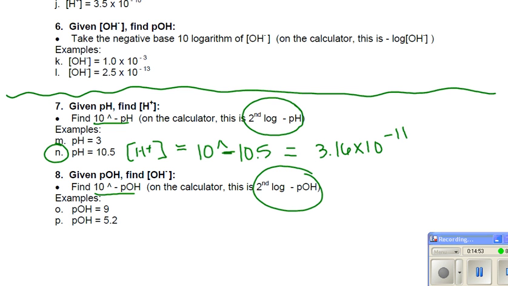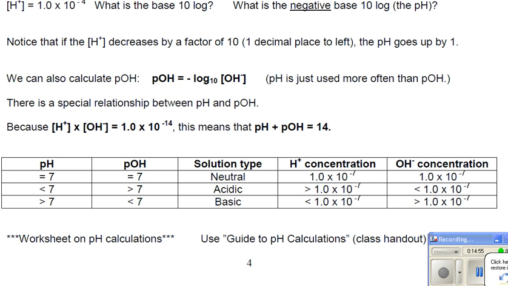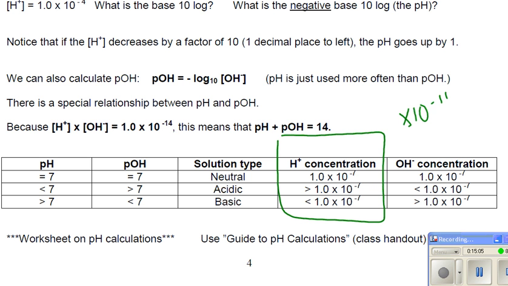So let's look at our notes and see if this is acidic, basic, or neutral. Hydrogen ion concentration. My exponent was times 10 to the negative 11. Okay? Negative 11 is very, very small. Definitely smaller than times 10 to the negative 7th. Okay? So this is a small number.